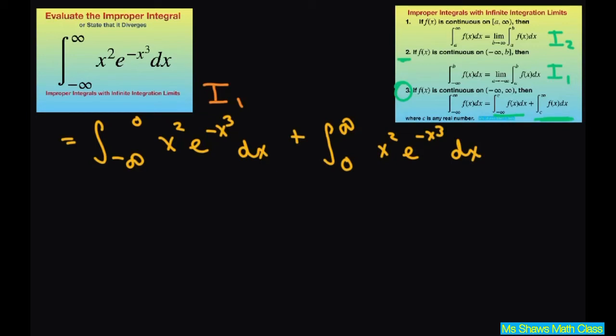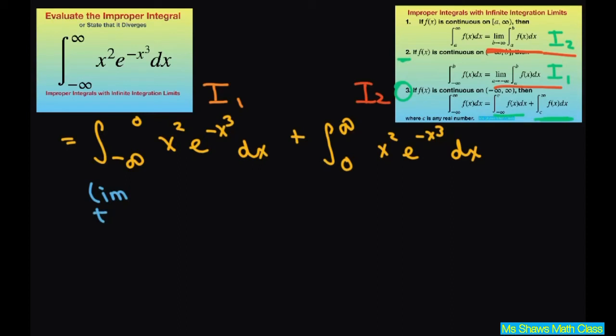So let's start with this integral. This is integral 2. So we're going to have to use this formula for integral 2 and this formula for integral 1. So for integral 1, we're going to write this as the limit, and I'm going to use t.